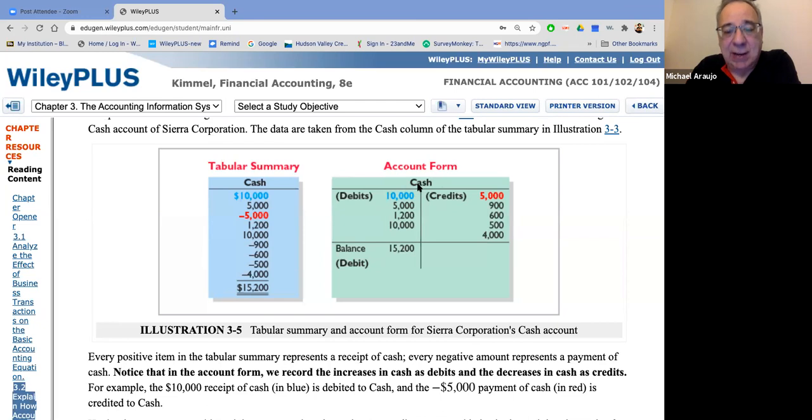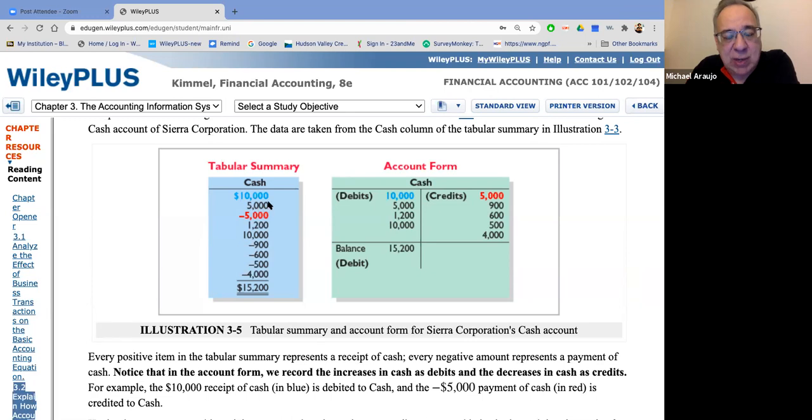Cash is an asset account. Asset accounts increase on the left side of the account, which is the debit side. So $10,000 debit to cash, bookkeepers and accountants know, okay, we have $10,000 more in the cash account. That's it. That's all you're telling them.